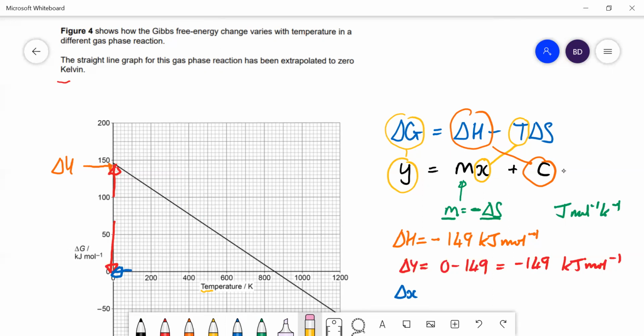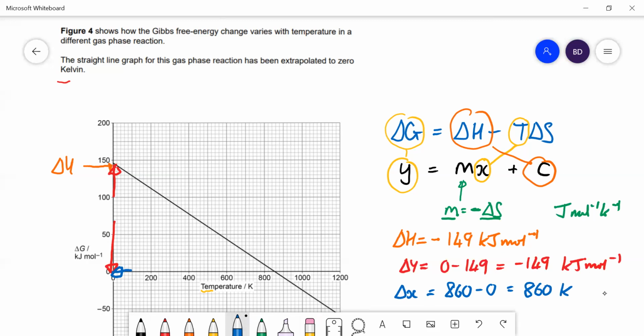Actually, it's not 830, it's 860, isn't it? Look, because that's 900 there, it's 860. So delta x is equal to 860 minus 0, which is 860, and the units of that are Kelvin.